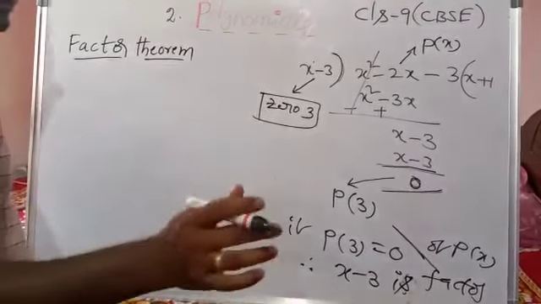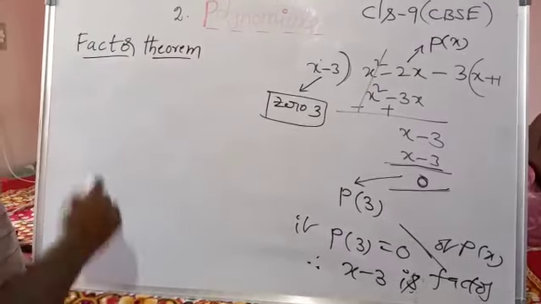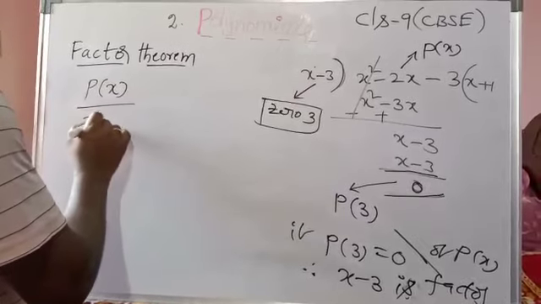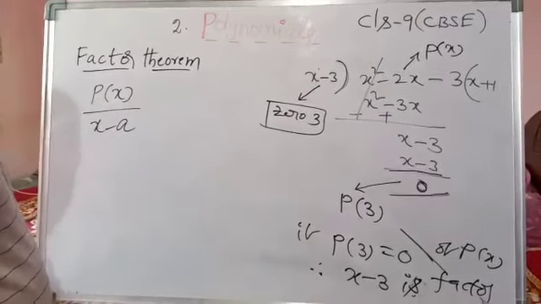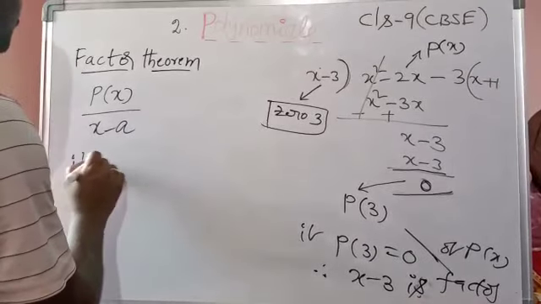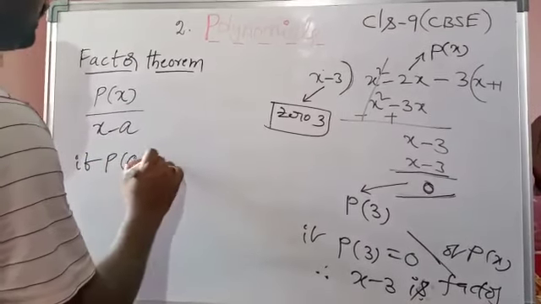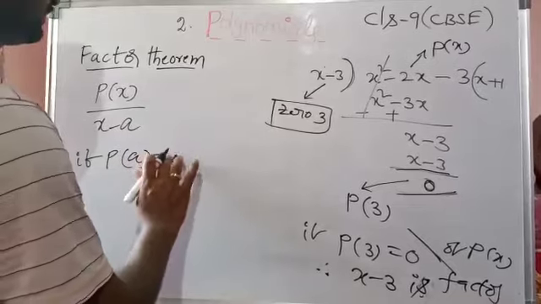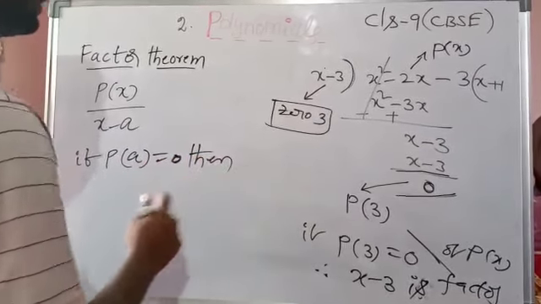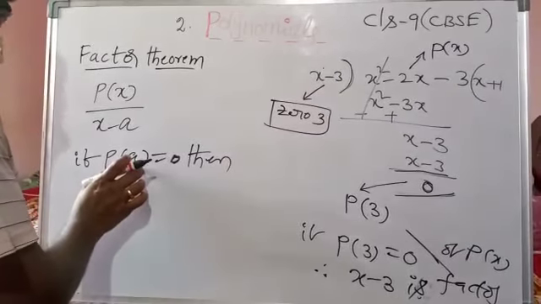So by the definition, students, factorization theorem: if a polynomial p of x is dividing with some linear polynomial x minus a, if p of a is equal to 0, then what you can write? Then p of a is equal to 0 means p of a is what, students?